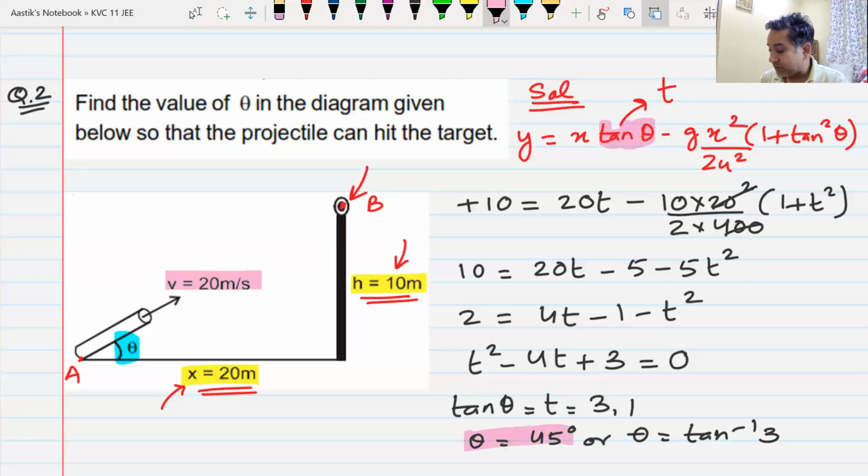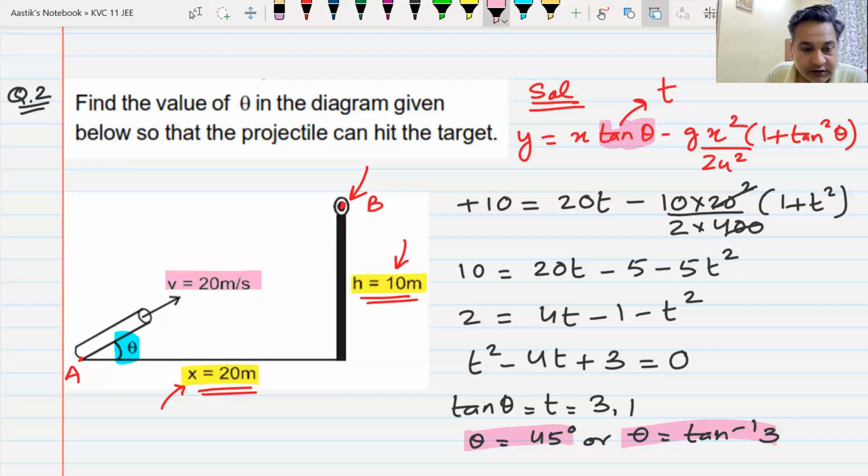You don't get one, but you get two angles for which this shot is possible. Do we understand this? Yes or no? Everyone understands this? Okay.